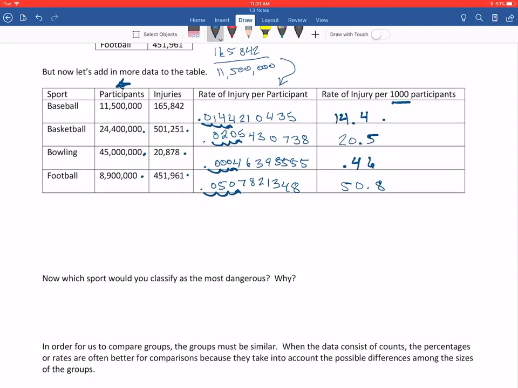At this point, which sport would you classify as the most dangerous and why? Well, at this point, I would choose football. And here's my reasoning.